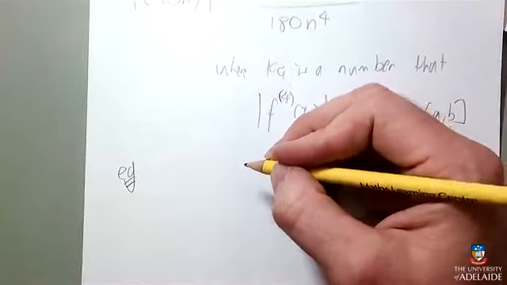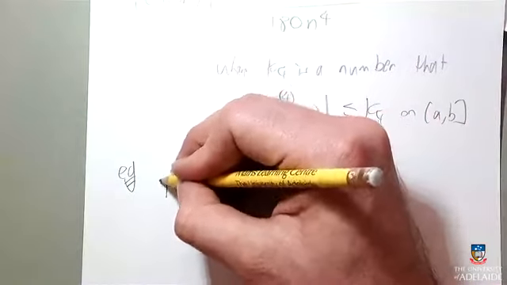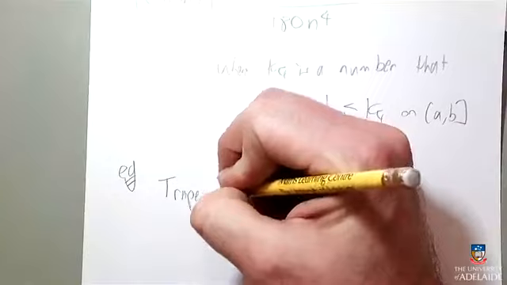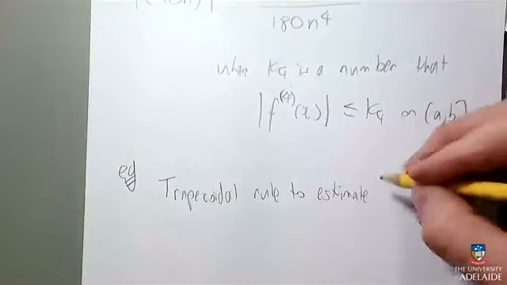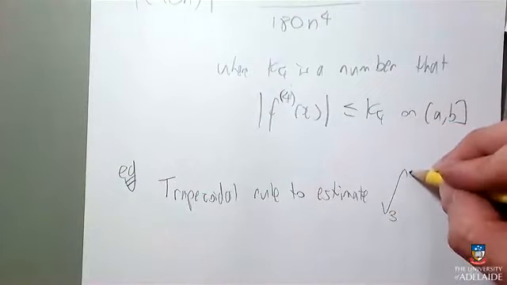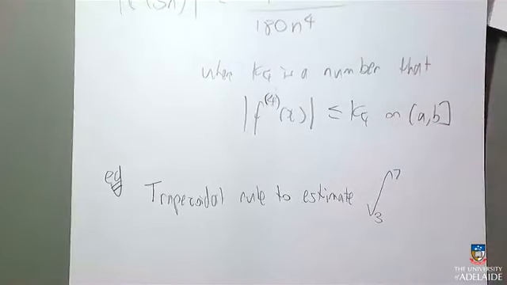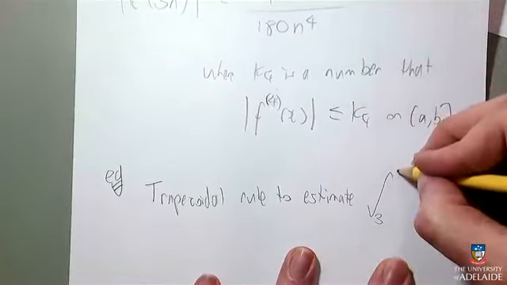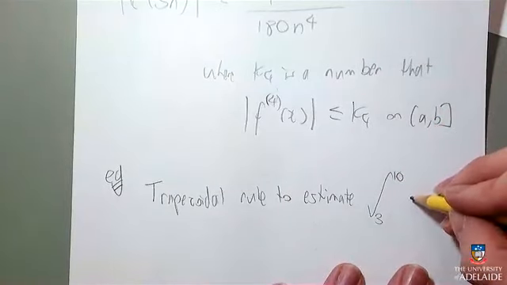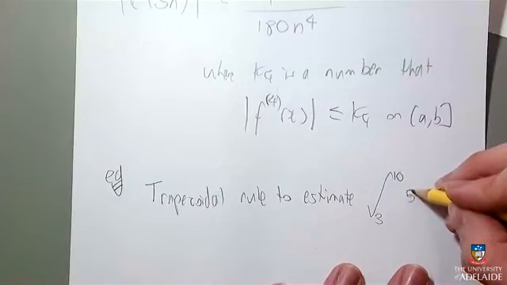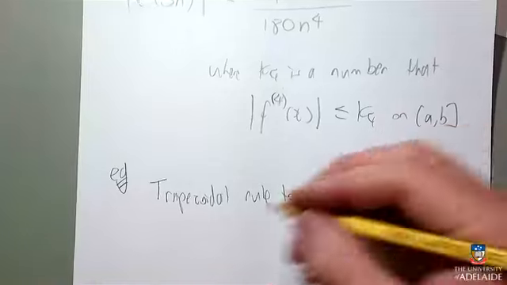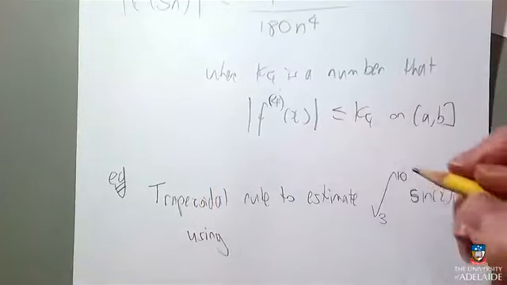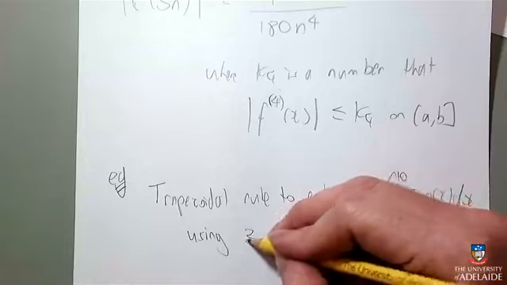So let's see how to deal with this. What if we were going to use the trapezoidal rule to estimate this integral, using, I don't know, pick a number, 3 intervals.